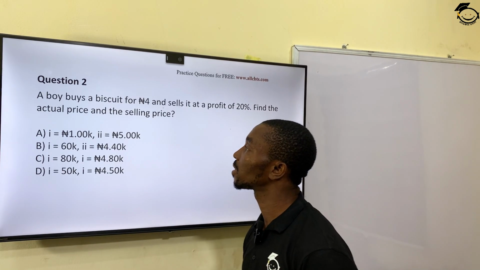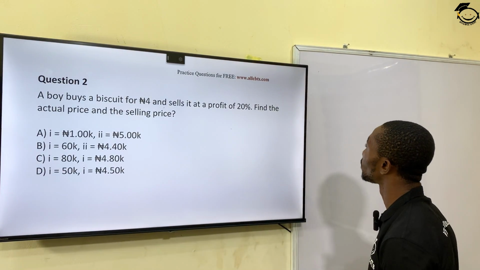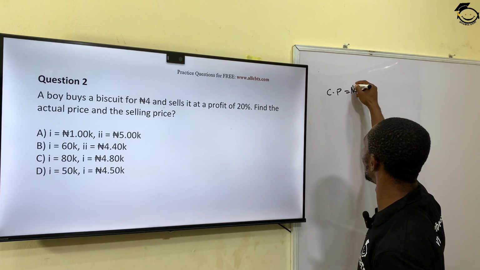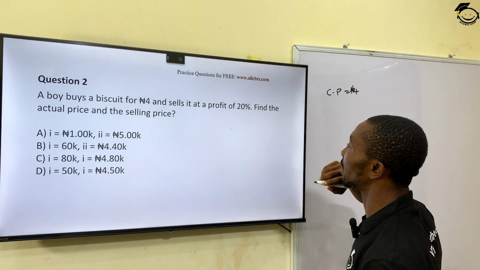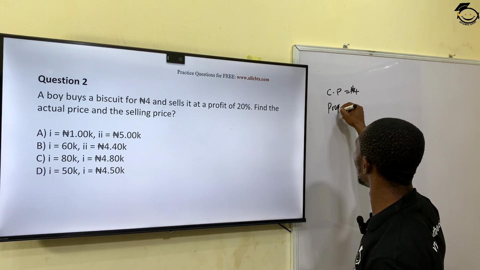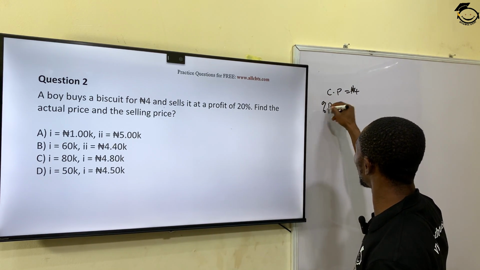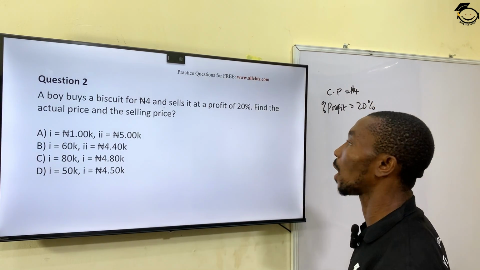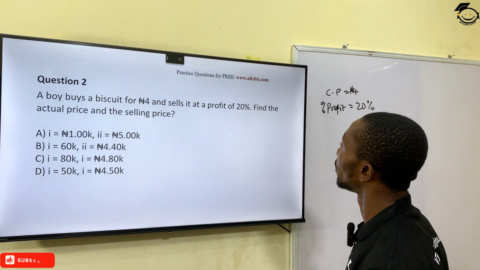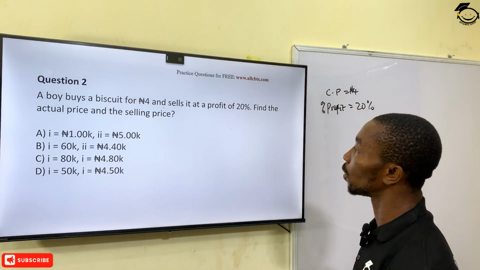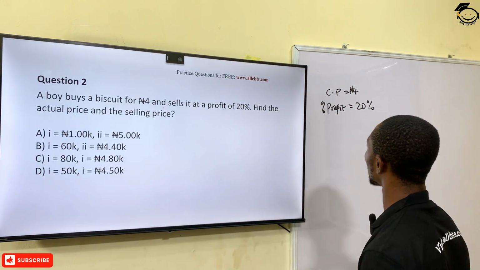A boy buys a biscuit for 4 naira. Now his cost price is 4 naira and he sells it for a profit of 20%. His percentage profit is 20%. It says find the actual profit and the selling price.